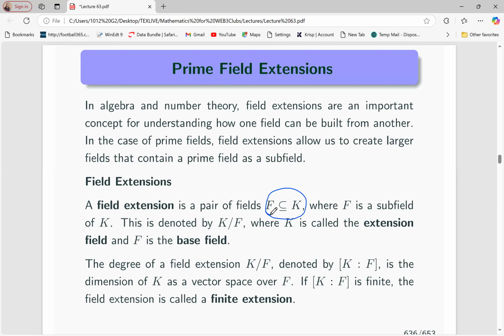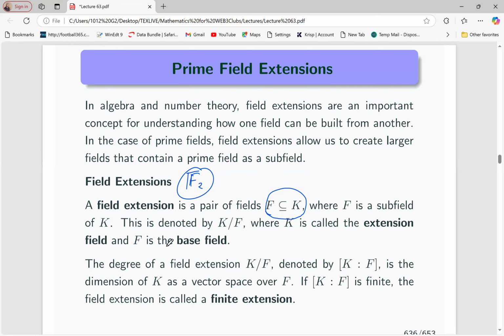So we are using the subfield to create an extension. I've given an example. For instance, we have F2, and you use it to create a bigger field. So F2 becomes a subfield of that bigger field.